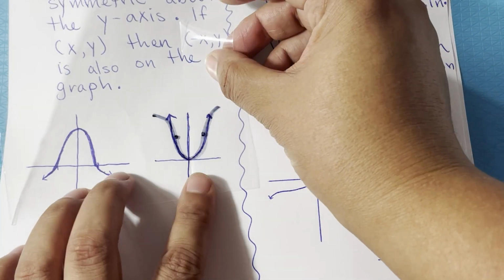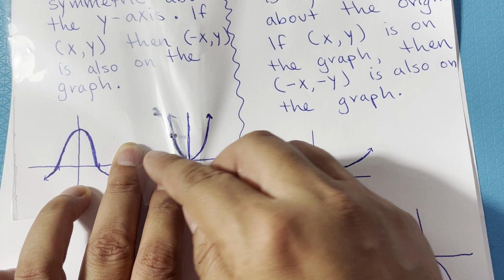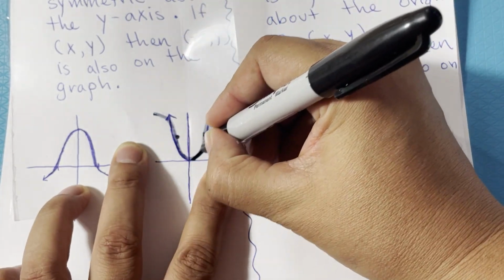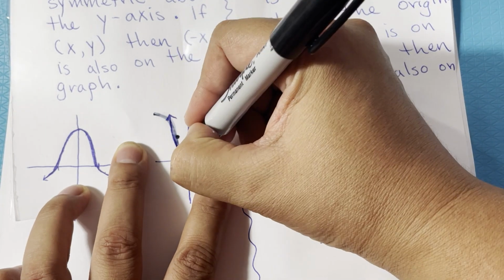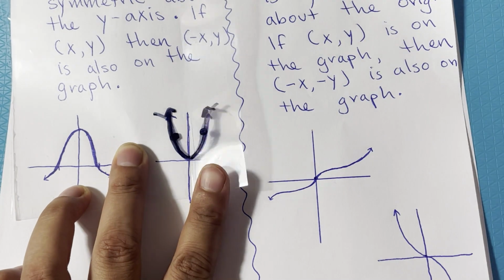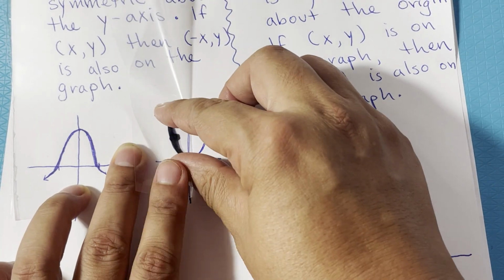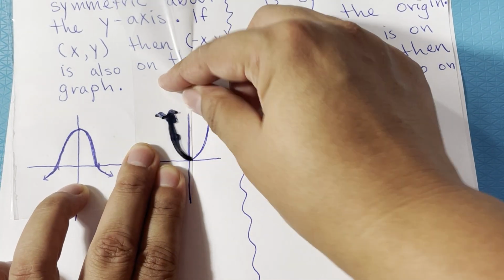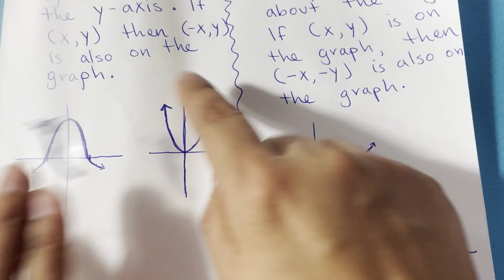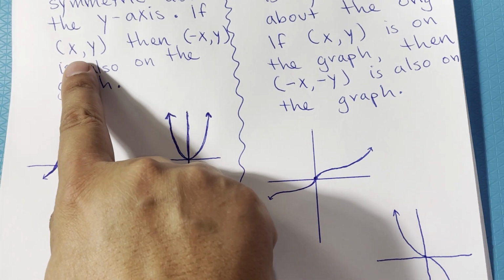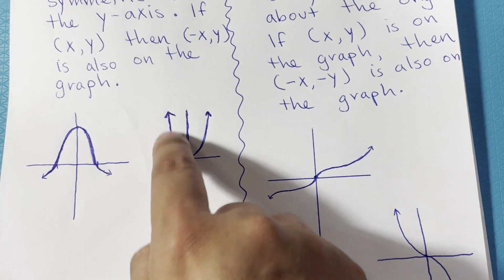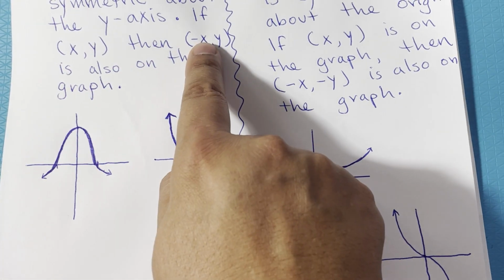It's not exact, but again, you can fold it and it will meet, right? Except that this one is a parabola. This point should meet over here. So again, if you fold it, those points meet. It's when y is the same, it's positive, but then the x is the one that changes the sign.